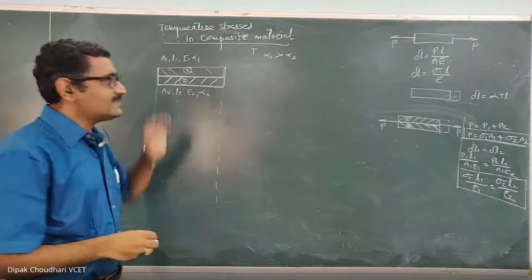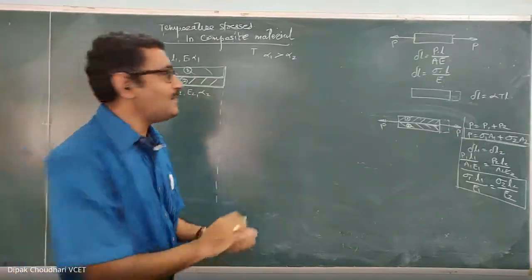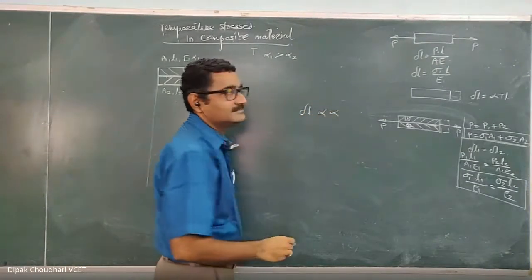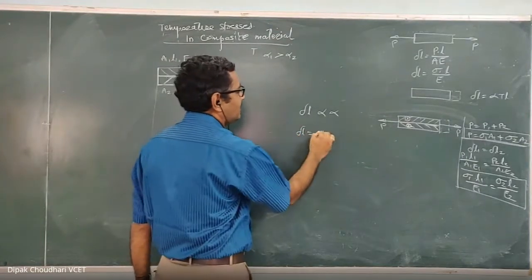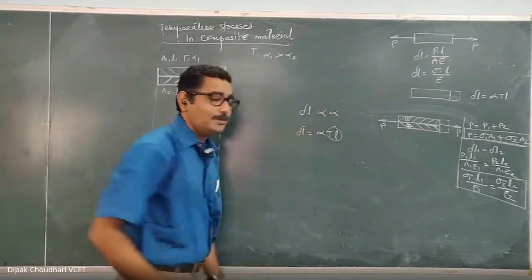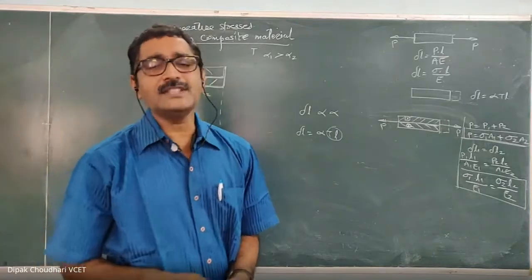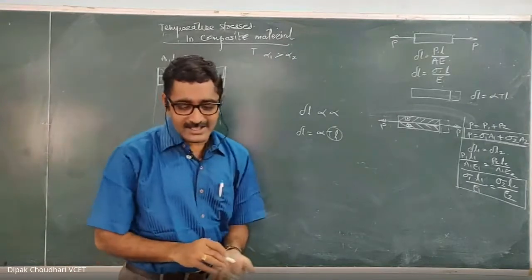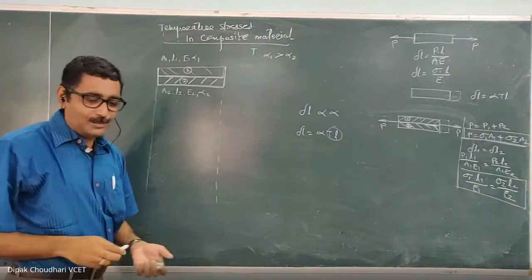If the length is the same and the change in temperature is the same, the deformation of the material is directly proportional to this alpha, because we know that the deformation of the material because of the change in temperature is alpha TL. If T and L are constant, we can say that the deformation is directly proportional to the coefficient of thermal expansion. So for this case, let us assume that alpha 1 is greater than alpha 2, L1 is equal to L2, and T is the same for both the materials.